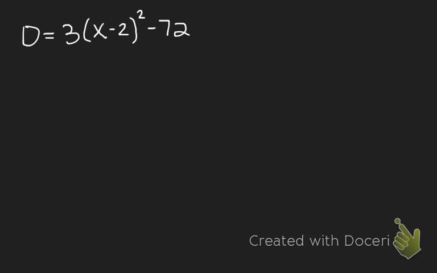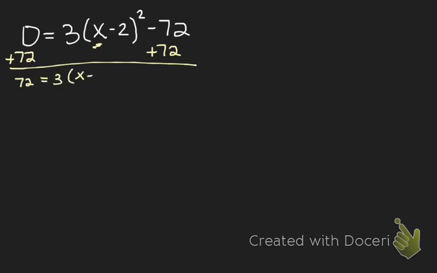So once again, we're trying to undo this equation. We're trying to pull all of the other variables and terms to the other side besides this x value so that we can isolate it. So our first step, we are going to add 72 to both sides of our equation. So we have 72 equals 3 times the quantity x minus 2 squared.